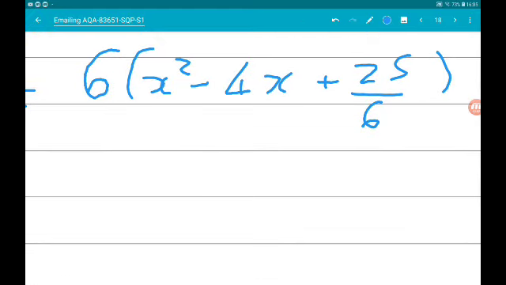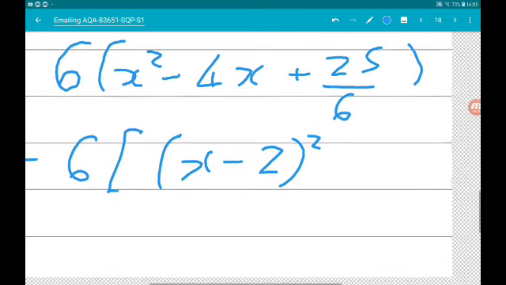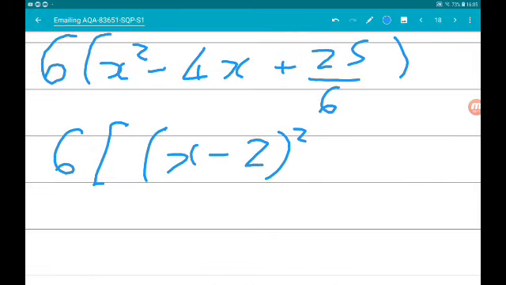Now we can complete the square, so this is 6 lots of x minus 2 squared. Now we have to take away the 2 squared, so minus 4 and 25 over 6.